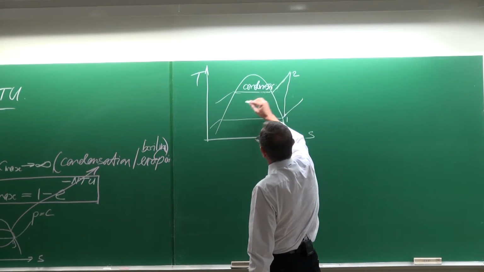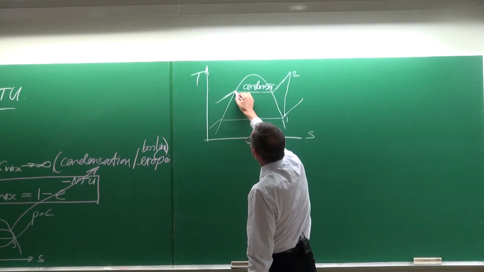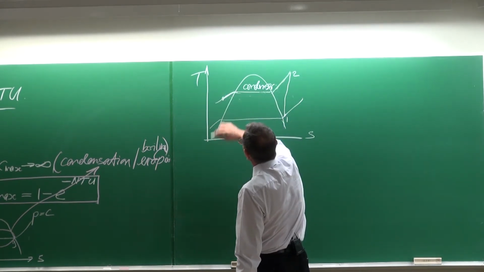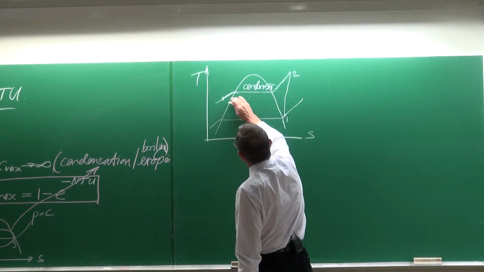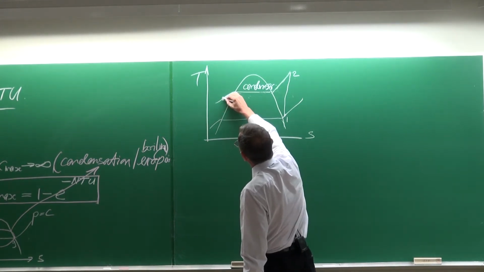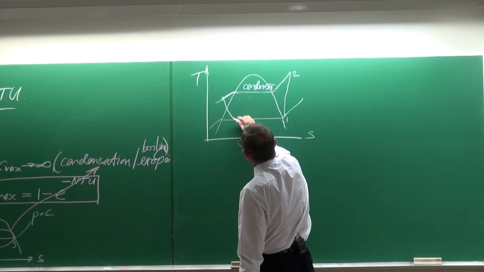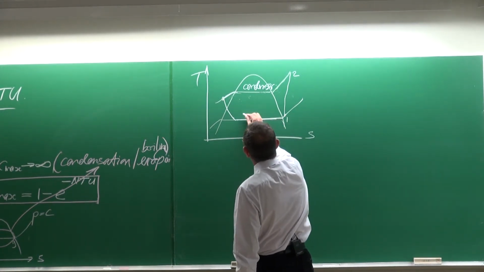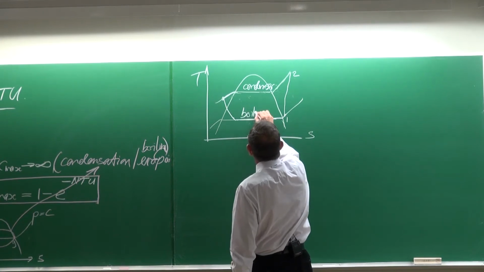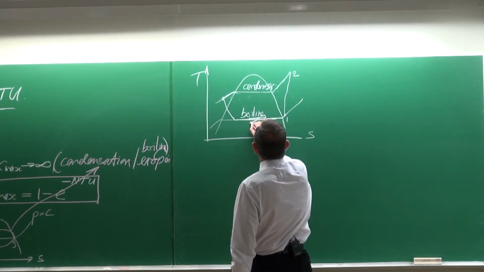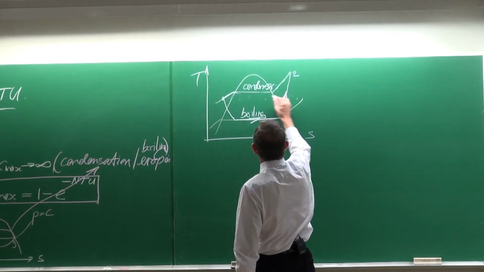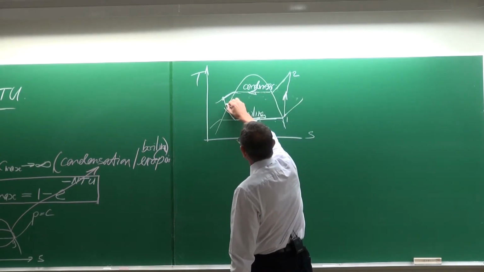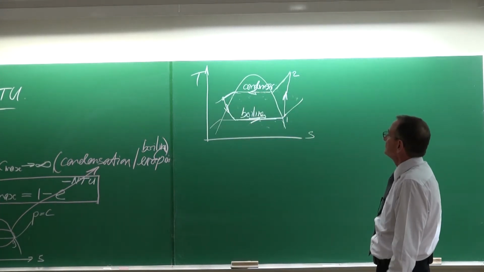So then it condenses. We will do a little bit of where we undercool the fluid. It will expand through the expansion valve, and then it will be boiled again. So that's the boiling. So that is the direction of the cycle. So that is a vapor compression cycle.